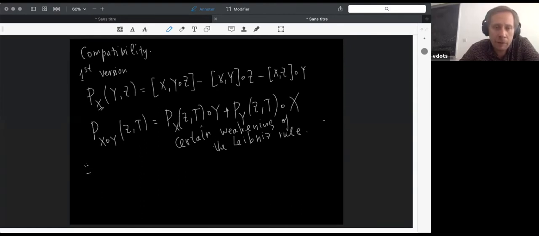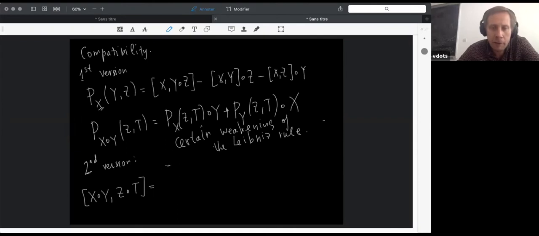And the second version, which is a little bit more cryptic, but at the same time maybe a bit more transparent. The same identity can be written explicitly as follows. The bracket of X, Y, and Z, T is equal to the sum of 8 terms.